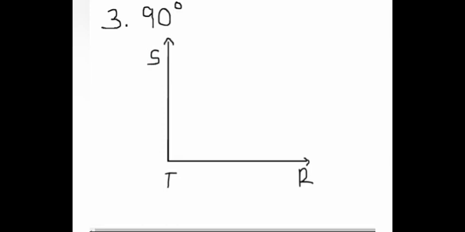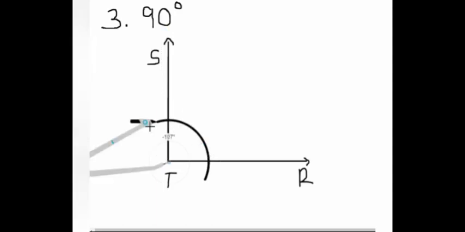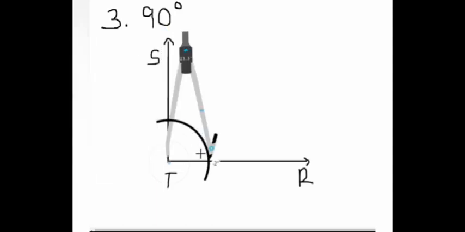Now I have to take my compass. So I'll keep my compass exactly on T. After keeping it on T, I will increase the distance a little bit. Enough. Now I'll draw an arc which will intersect both the arms of the angle.